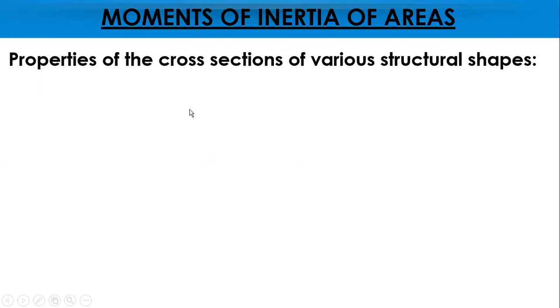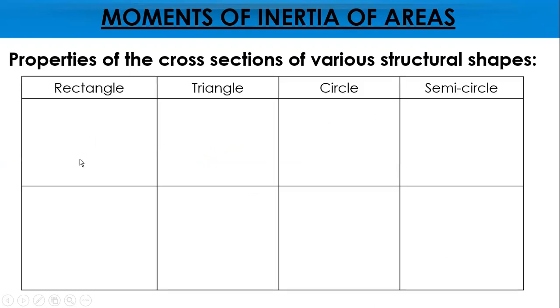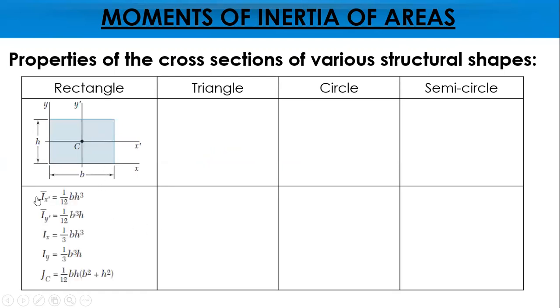Now, various structural shapes have these moment of inertia properties. For a rectangle, these are the expressions of Ix, Iy, the centroidal moment of inertia, and also the polar moment of inertia.